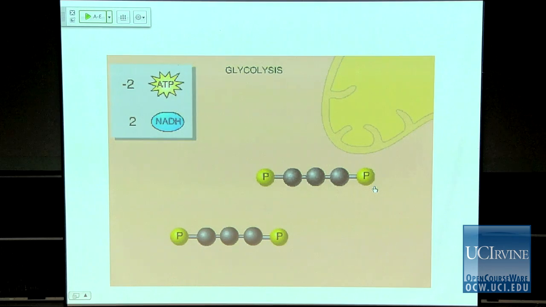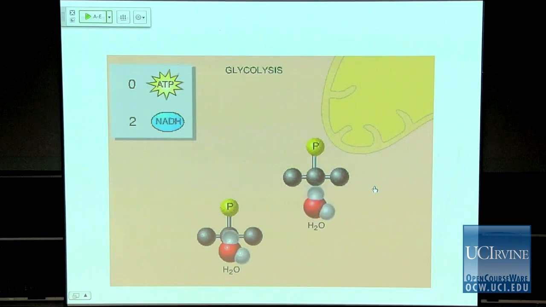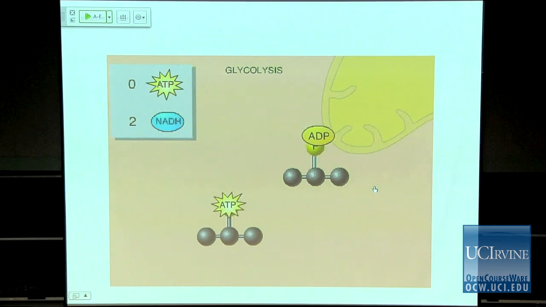The energy released is used to attach phosphate groups to ADP, finally making some ATP. A couple more reactions rearrange the atoms in the 3 carbon molecules. More ATP is generated in the final reaction that yields pyruvic acid. For each glucose molecule broken down during glycolysis, a net of 2 ATPs are formed along with 2 NADH molecules.